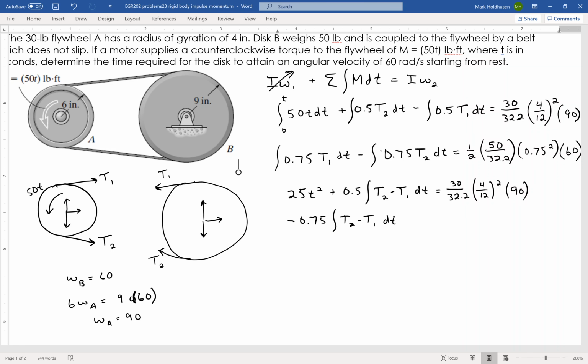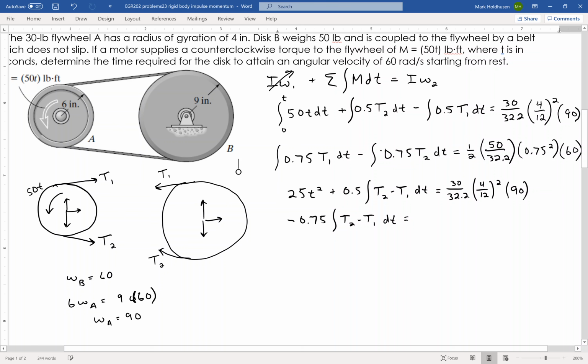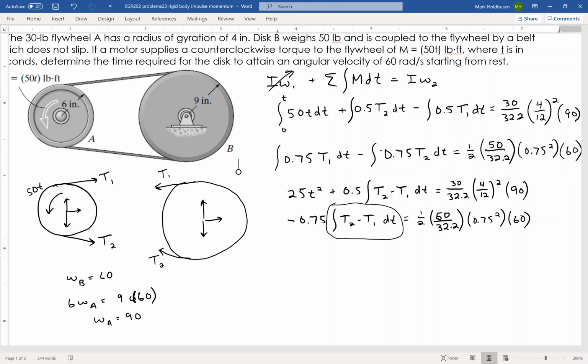And that's going to equal the 1/2 times 50 divided by 32.2 times 0.75 squared times 60. Effectively I can solve for this integral and then plug it in up there. So I just solve for that whole integral.